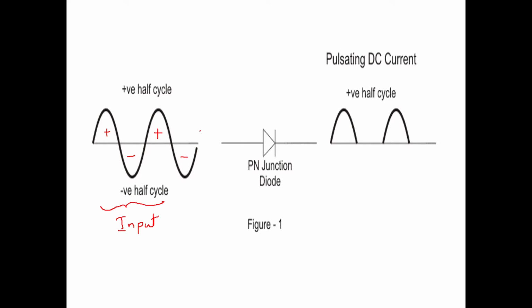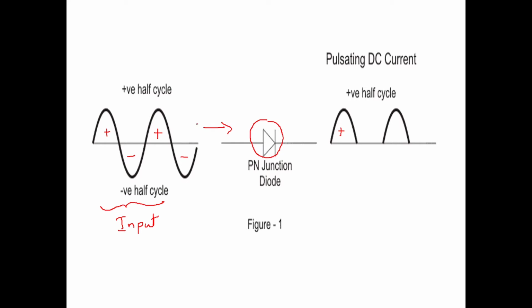When it passes through the diode, whenever the input is positive half cycle, you will get the output as positive half cycle. But whenever the input is negative half cycle, the diode is reverse biased and you will not get any output.